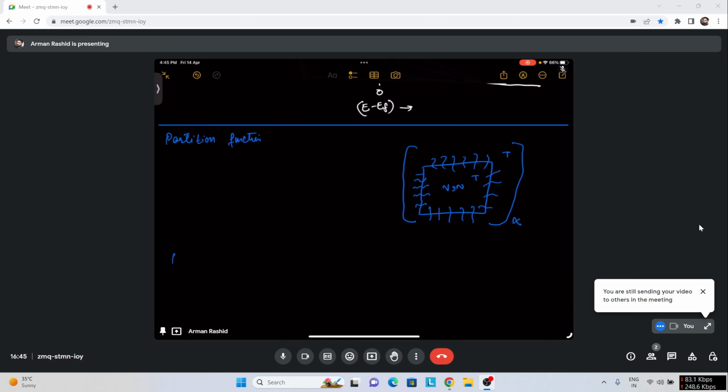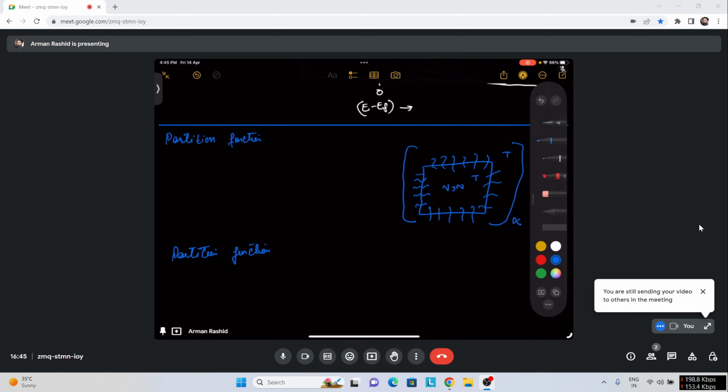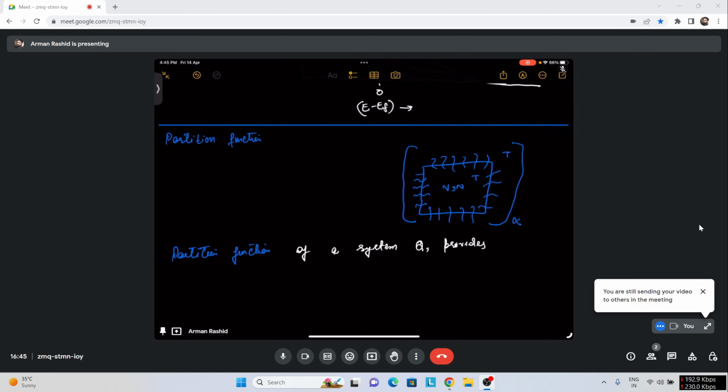I will write here: the partition function of a system, for example Q, provides the tools to calculate the probability of a system occupying state i.